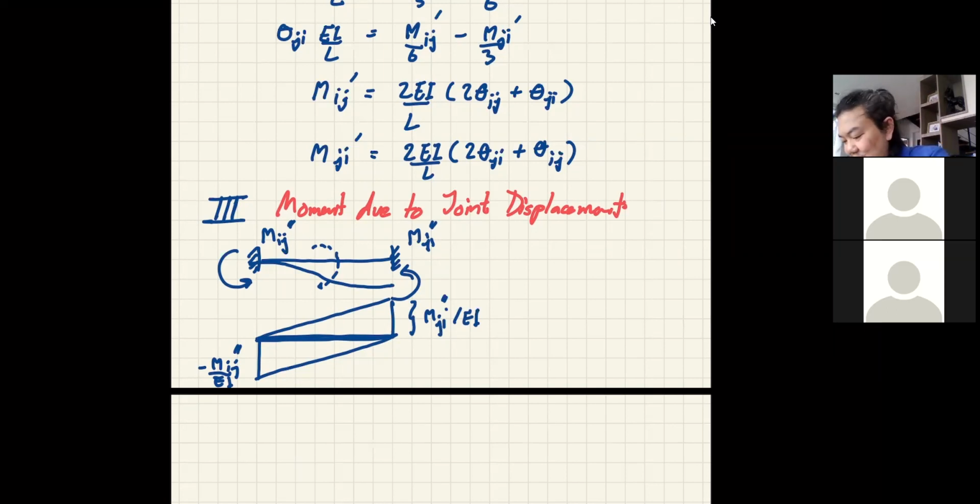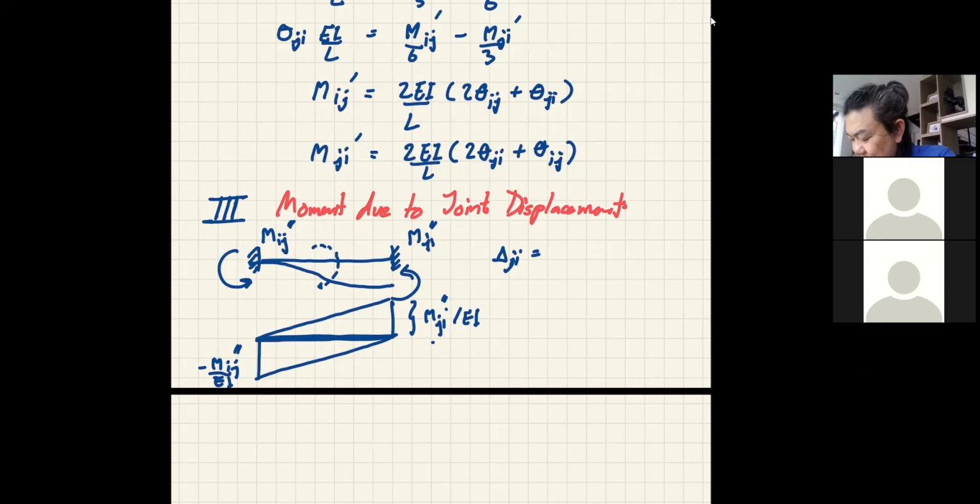Okay, and then in the conjugate beam, now we know that if the rotation of the actual beam is equal to the shear of the conjugate beam, you can guess now the displacement is going to be equal to the moment of the conjugate beam. So the displacement here, delta ji, will be equal to the moment of the conjugate beam.